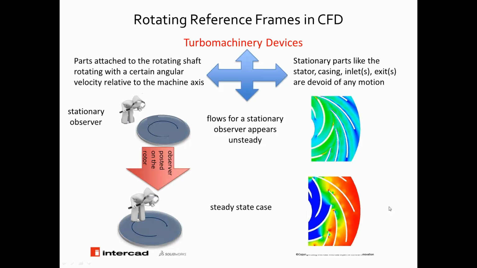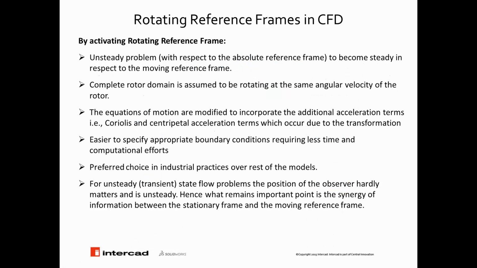So as a summary of what we said, an unsteady problem with respect to the absolute reference frame can become steady with respect to the moving reference frame. The complete rotor domain is assumed to be rotating at the same angular velocity as the rotor. Since we have transferred our coordinate system, the equations of motion are modified, and additional acceleration terms such as Coriolis and centripetal acceleration terms are added.